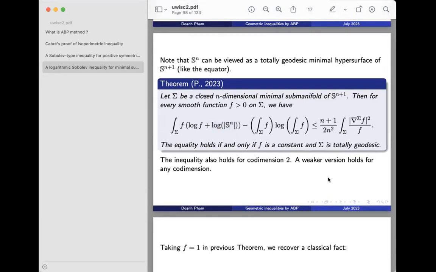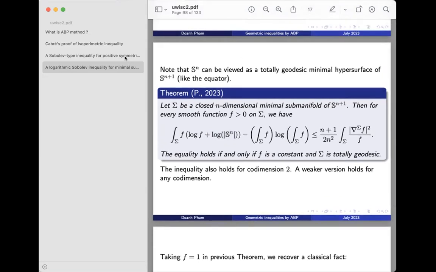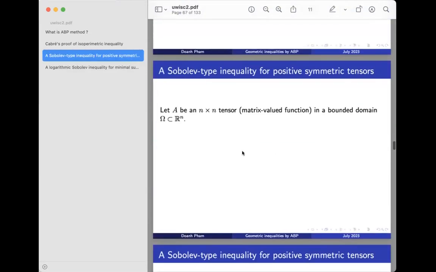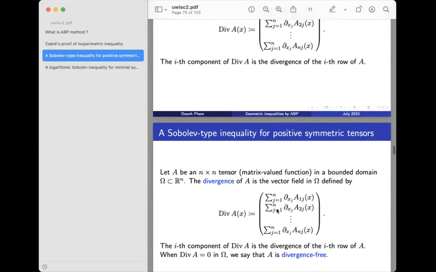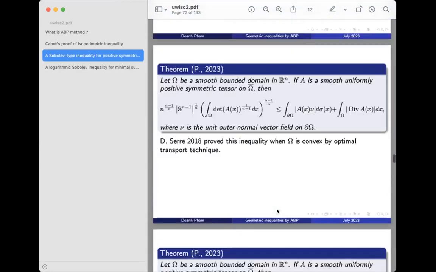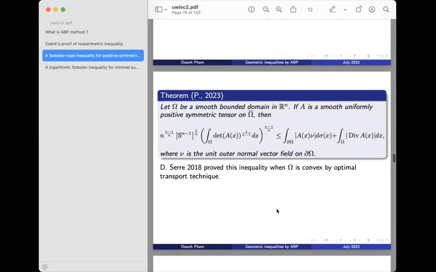So can you come back to the proof of the inequality where you generalize the result from convex domain to non-convex domain? Can you go back to that? Yes. I found this very interesting, but if you look at the statement of the theorem, you see that A being positive symmetric is too strong.